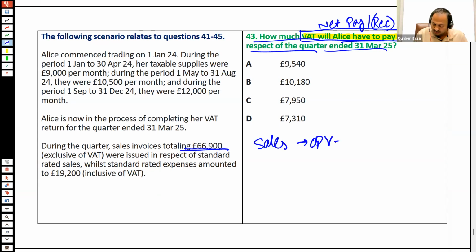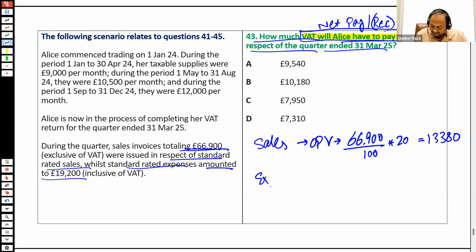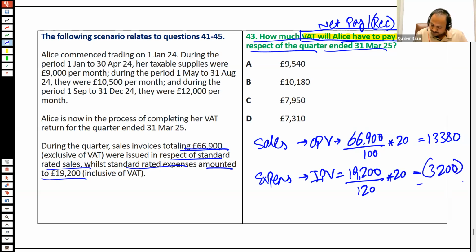Sales output VAT: 66,900 divided by 100 multiplied by 20. Standard rated sales expenses amounted to 19,200. That works out to be.